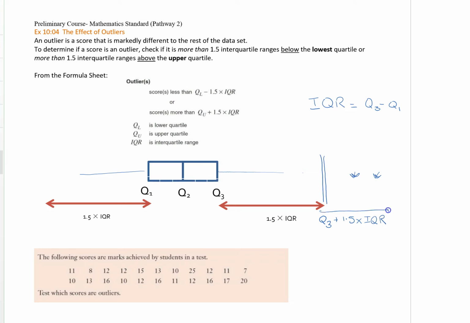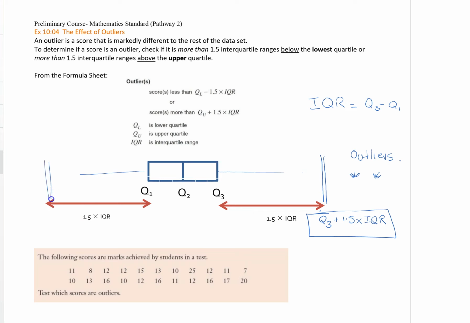So you work out this score, and that's what I was saying before. You have to have already calculated your Q3, your upper quartile, and your interquartile range. You work out this score now. Then, if there are any results above that particular score, they may be classified as outliers.